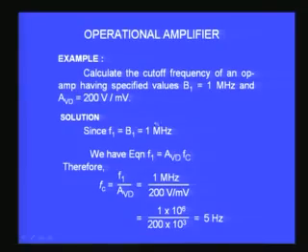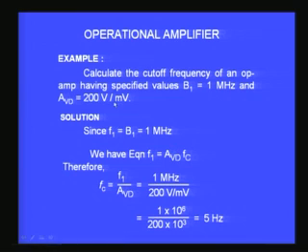So we know now that the gain bandwidth product is 1 megahertz, and they have given the gain as 200 volt divided by millivolt, and therefore the cutoff frequency is nothing but the gain bandwidth product divided by the gain, and in this case 1 megahertz is the product divided by 200 volts divided by millivolts. That millivolts will become 10 power 3 when it goes to the numerator. So you would find it comes to 5 hertz.